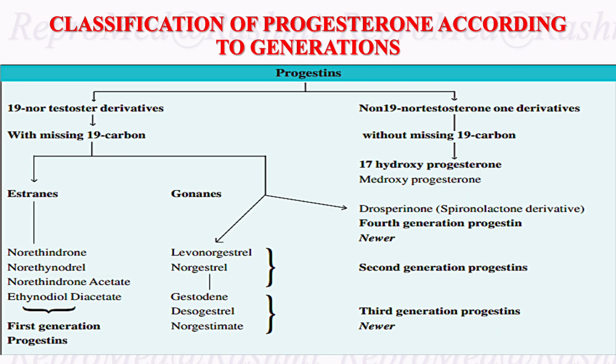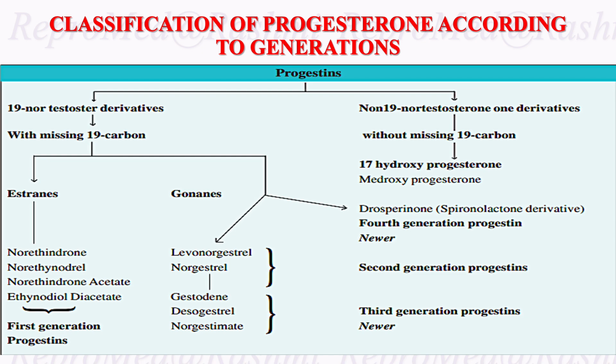Another way to classify the progesterone is according to the generations. Progestins are classified into 4 generations based on the steroid from which they are derived, which then determines their molecular structure. So there can be 19-nortestosterone derivatives with missing 19 carbon, while non-19-nortestosterone derivatives are without missing 19 carbon. When the 19 carbon is missing, it can be further divided into estranes and gonanes.